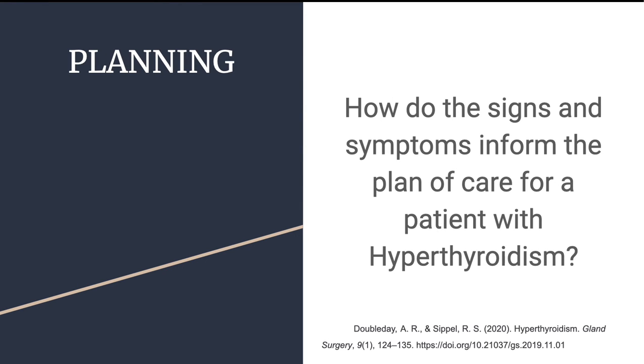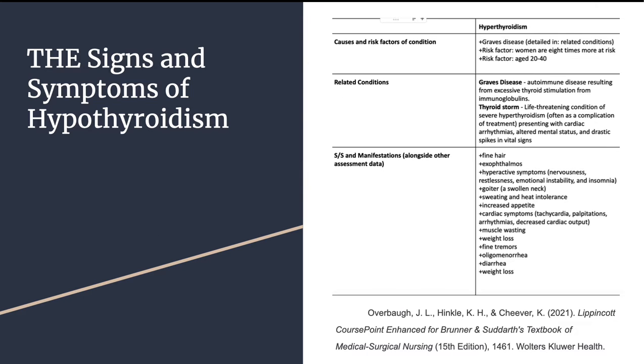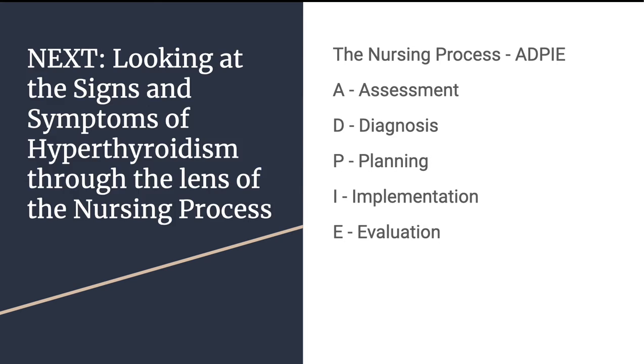Besides that, hyperthyroidism plan of care. Let's see, what else? Weight monitoring. If a substantial sign and symptom of hyperthyroidism is weight loss, then that's going to indicate planning the care to include daily weights.